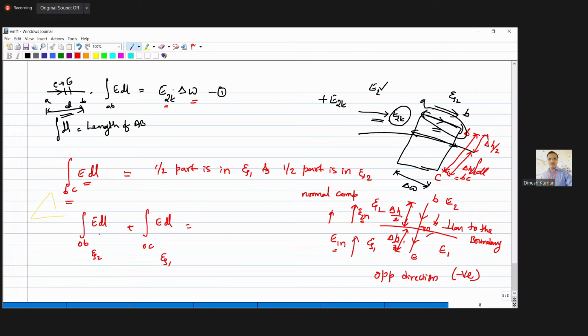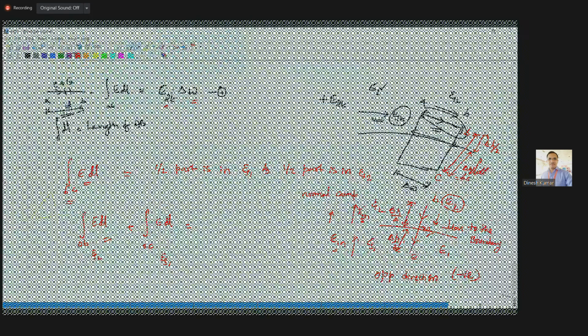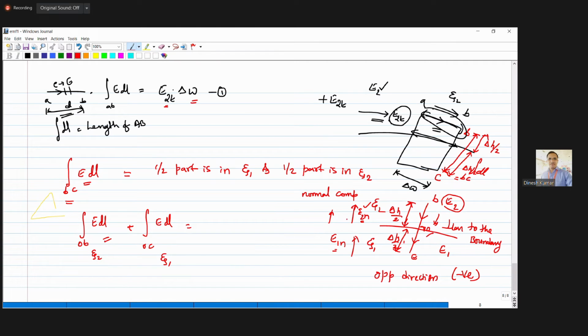For the first one, it is present in E2, so the normal component is E2n. But both are in opposite direction, so the value is minus E2n. What is the length from B to 0? The length from B to 0 is delta H by 2.